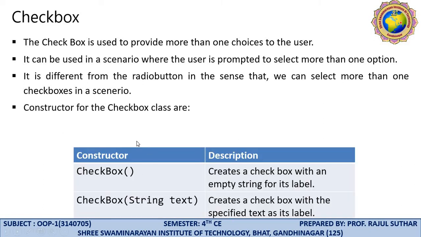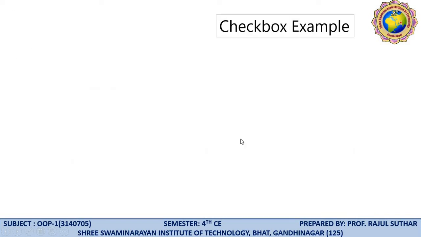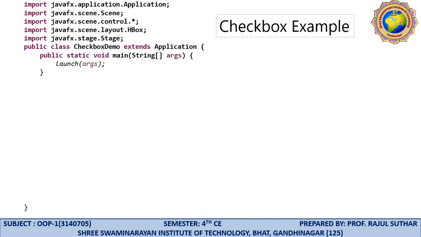So these are the constructors for checkbox: checkbox without any argument creates a checkbox with an empty string for its label. Checkbox with a string text creates a checkbox with the specified text as its label. This is the example of how you can create a checkbox. For that you require import javafx.scene.control.